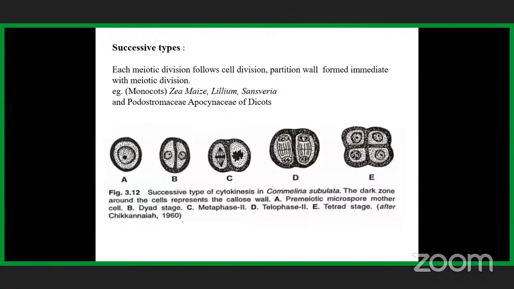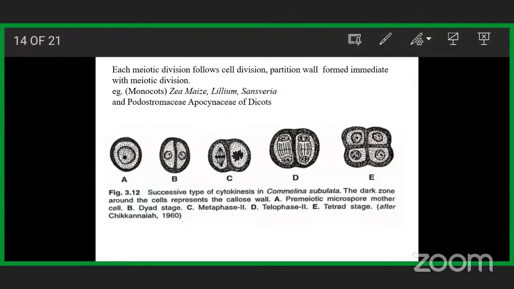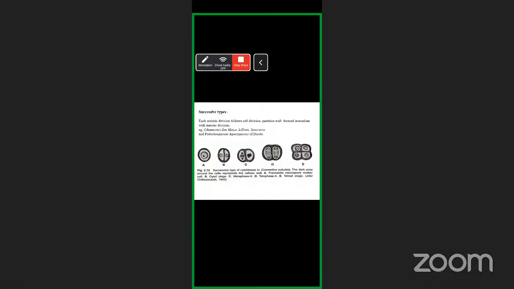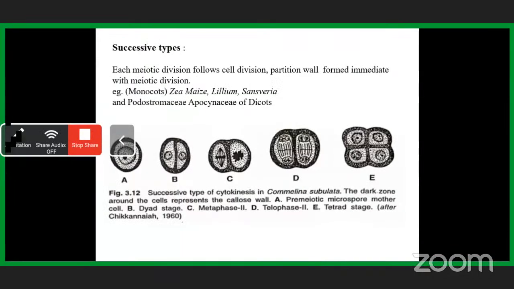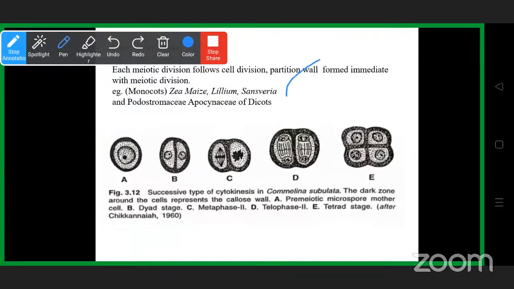First one is simultaneous. That means if one cell is dividing into 2, immediately the cell wall also will be formed. And then after the second division, it forms the 4 cell walls so that it will become the 4.